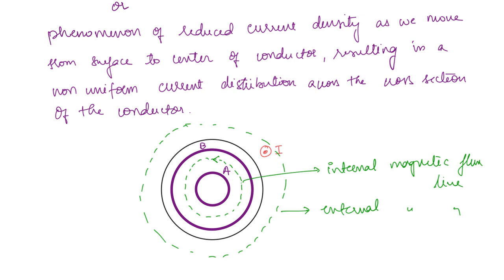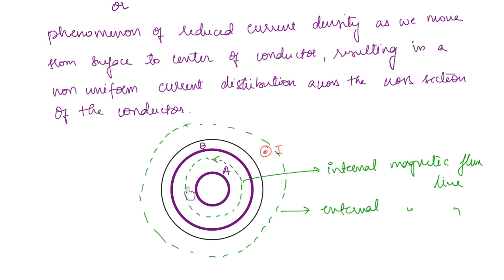Now there are infinite filaments and infinite flux lines. We have taken two filaments and two flux lines to understand that the filaments present at the center of the conductor are going to have more flux linkages compared to the filaments that are away from the center. So at the center point, it is going to have the maximum flux linkage. If you come a little farther away, the flux linkage is going to reduce a little.